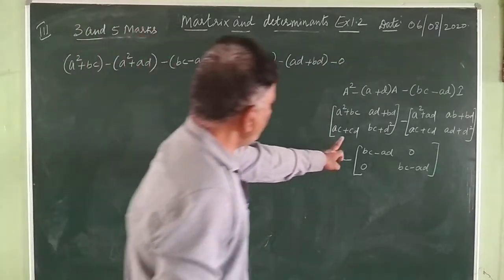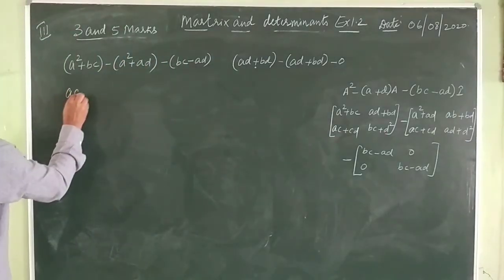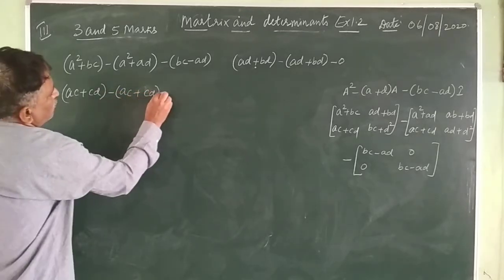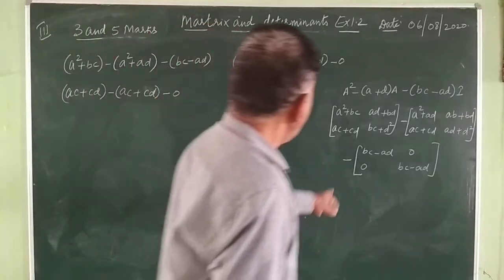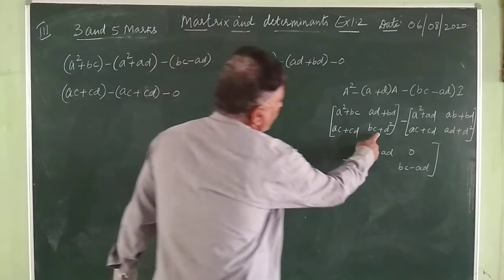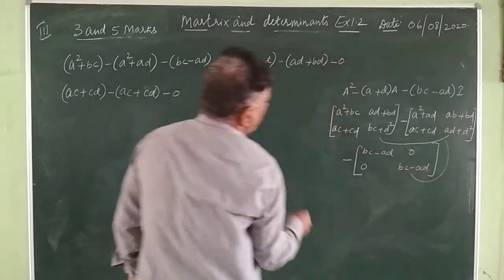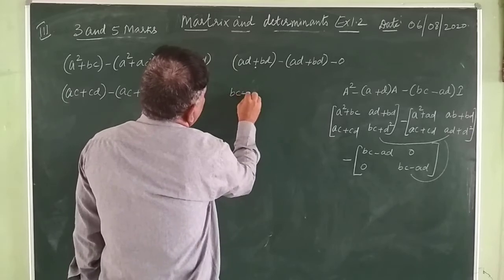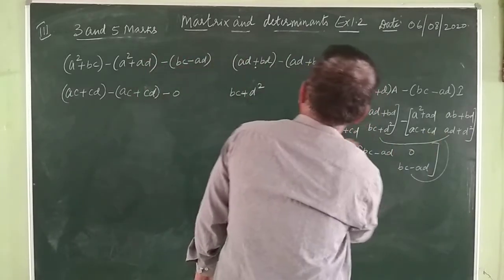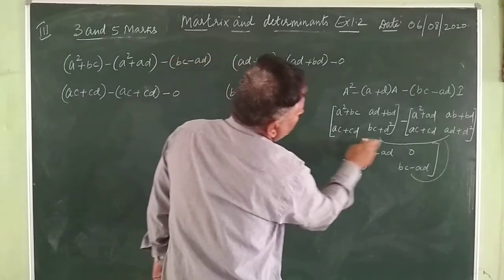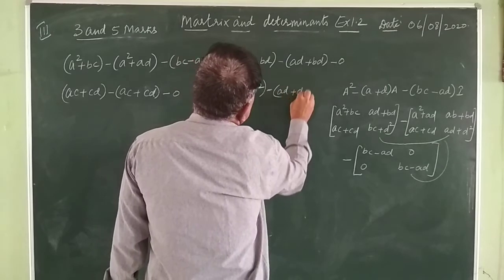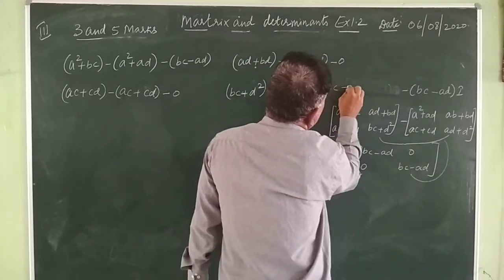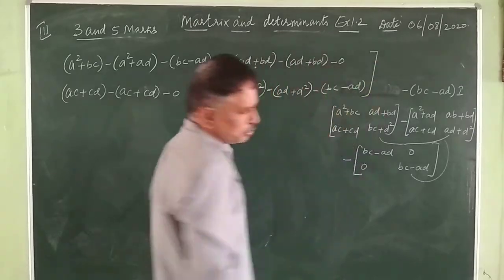Similarly for this one, AC plus CD minus AC plus CD minus 0. Next, for this one, BC plus D square, the corresponding element is minus of AD plus D square minus of BC minus AD. Okay, now I will remove this one.